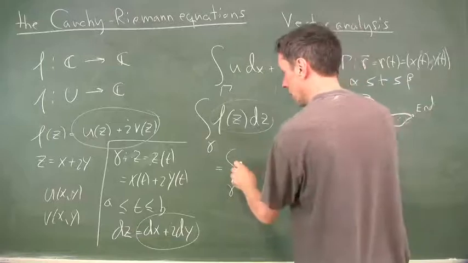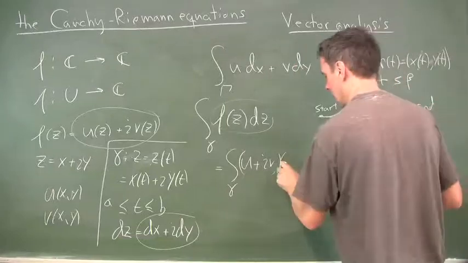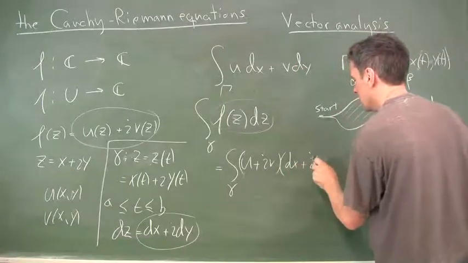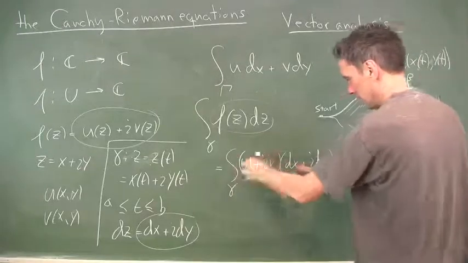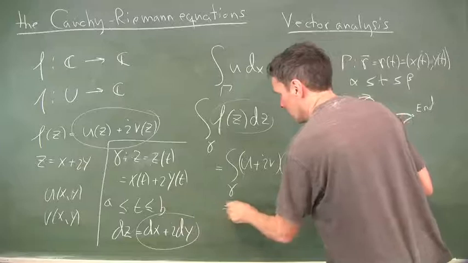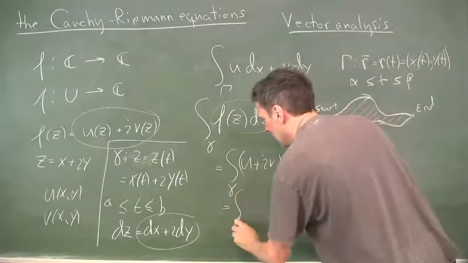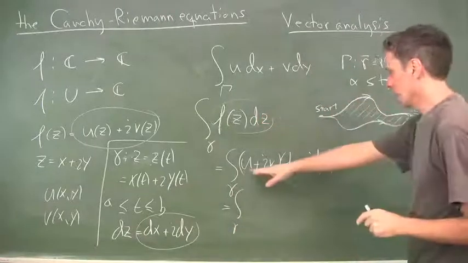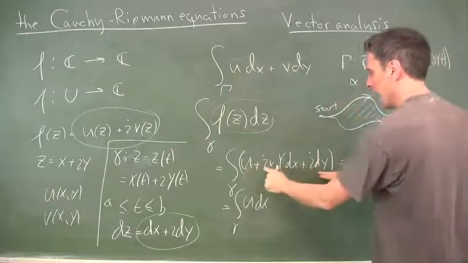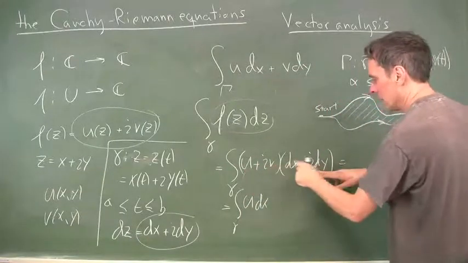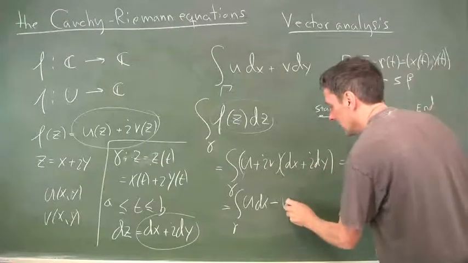You see it will become then u plus iv times dx plus i dy. And if we now just compute this to see what it becomes, you see that if we collect the real terms here now, then we first have u dx, and then we'll get iv times i dy, which then will become minus v dy.